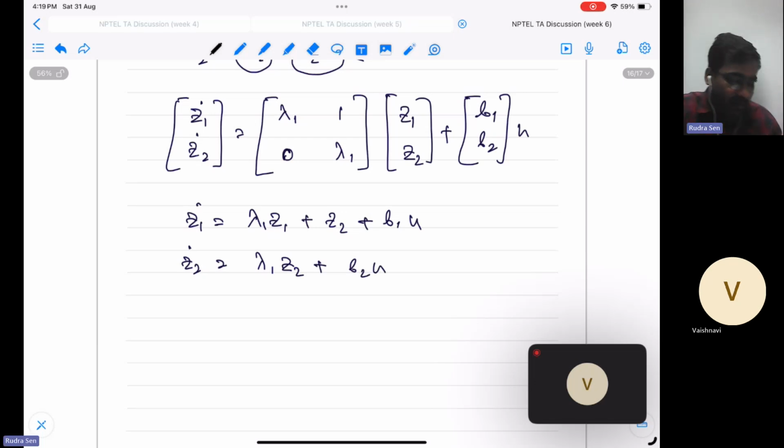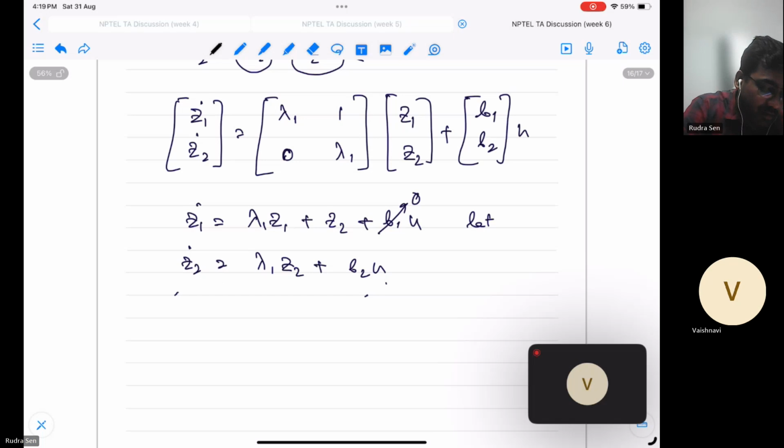So in this case, we need at least a control input to control the Z2. Then this controlled Z2 basically controls the Z1. So if B1 is 0, still the system is controllable because I'm applying a control input and B2 is non-zero.